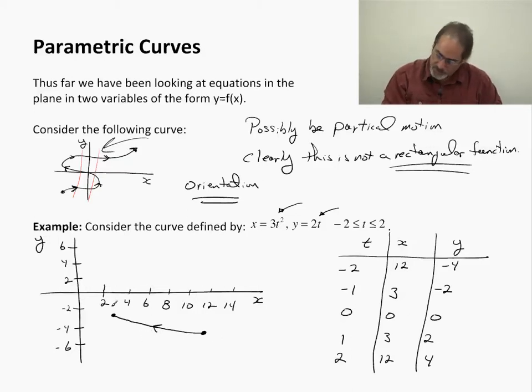When t is 0, I'm at the origin, 0, 0. When t is 1, x is back at 3, and y is at +2, so I'm up here. Obviously, I'm still moving in that direction. And when t is 2, x is 12, and y is back at 4. So I'm about there.